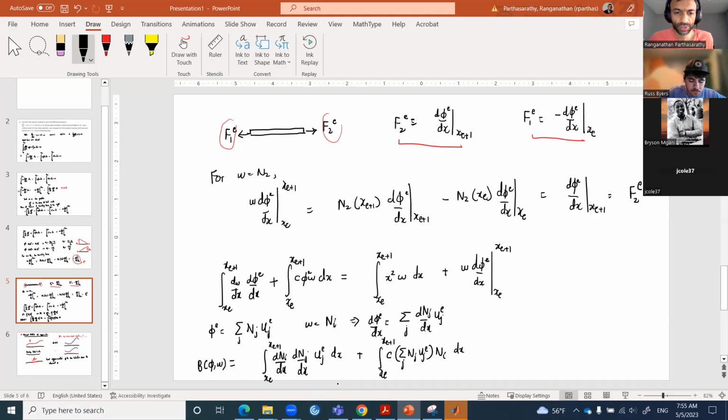So here there is sigma over j. Like we did in the class, it is okay to interchange the integral and sigma.